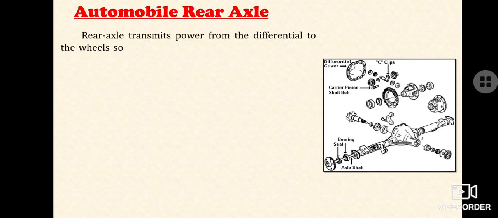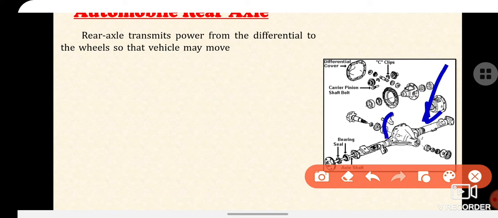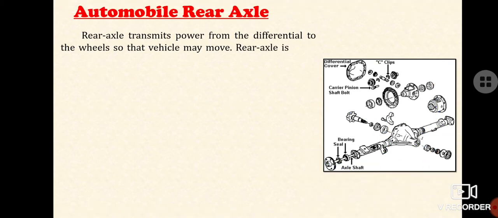Here various parts of the rear axle are shown. Generally, this is the differential gearbox that is directly connected with the transmission system via the propeller shaft, that is the drive shaft, and the transmission system is connected with the engine via clutches.